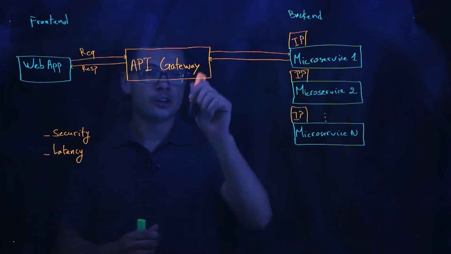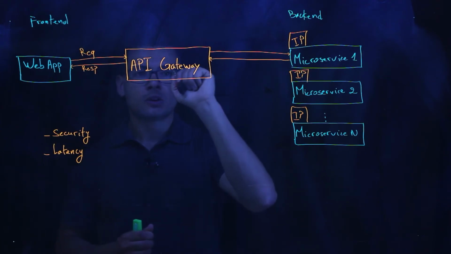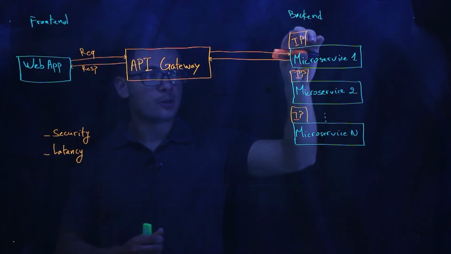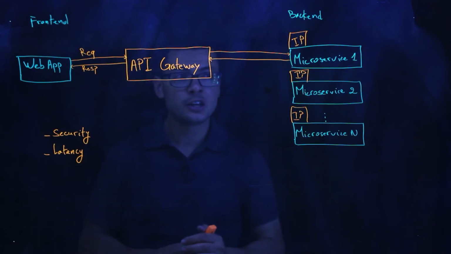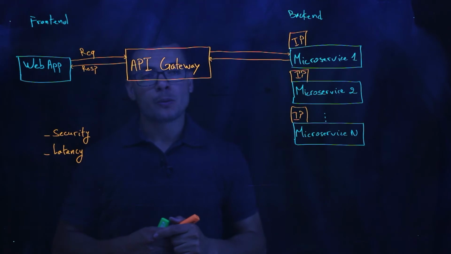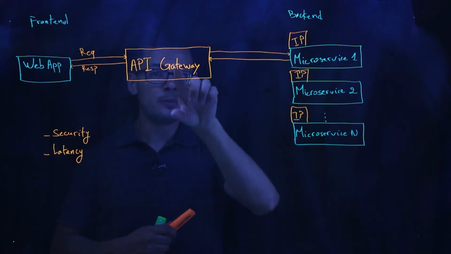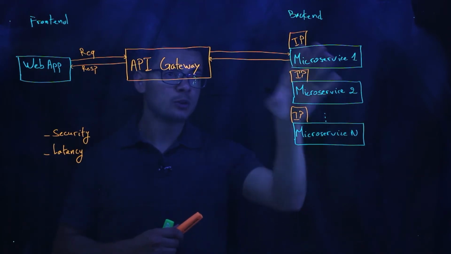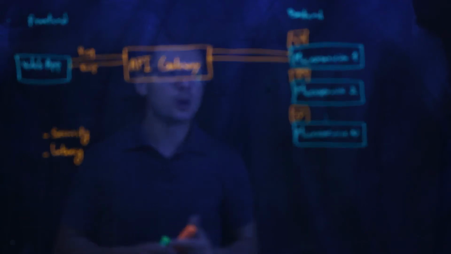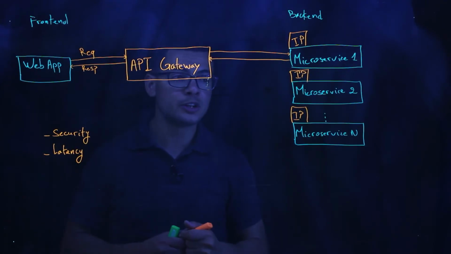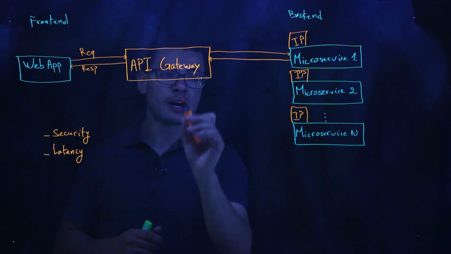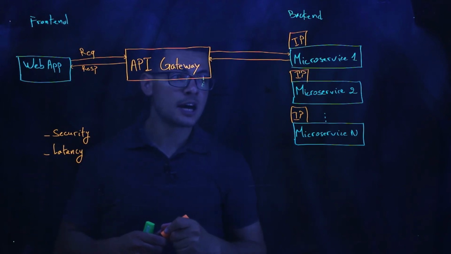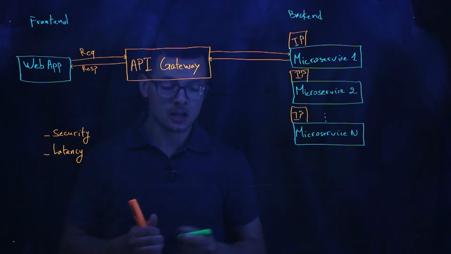Because here we don't need to have those IPs exposed as public IPs over the internet, but because the API gateway and those microservices could live inside one network, and that network could be secured. So all of those, as part of my backend, could live inside one network.